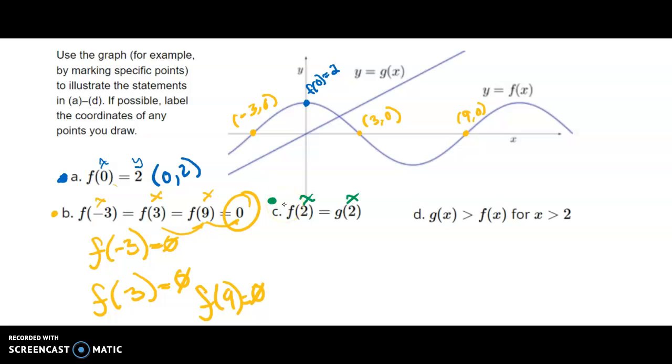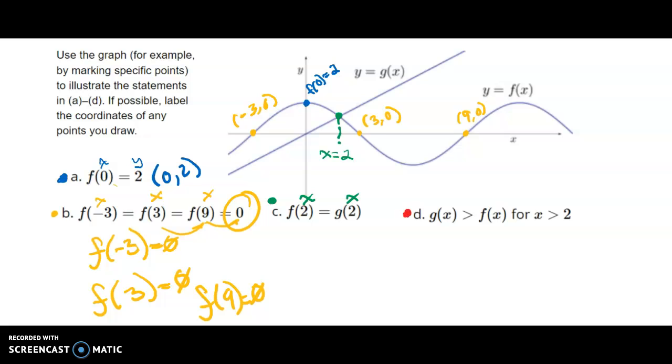So it's saying f of 2 equals g of 2, it's going to be right here. It's going to be right where they intersect, where x equals 2, because that's what it's stating right here. It says f of 2 and g of 2. Okay, so they both intersect right there.